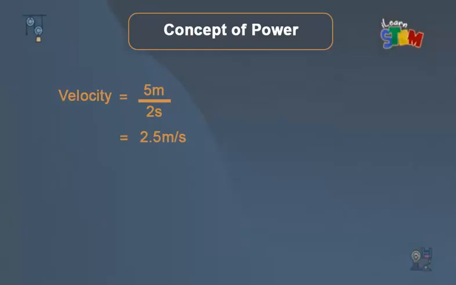And we already said that you were pulling the box along with a force of 50 newtons. So, the force you were using to pull the box times the box's average velocity would also give you an average power output of 125 watts. The two equations for average power are really describing that same relationship, they are just using different quantities to do it.